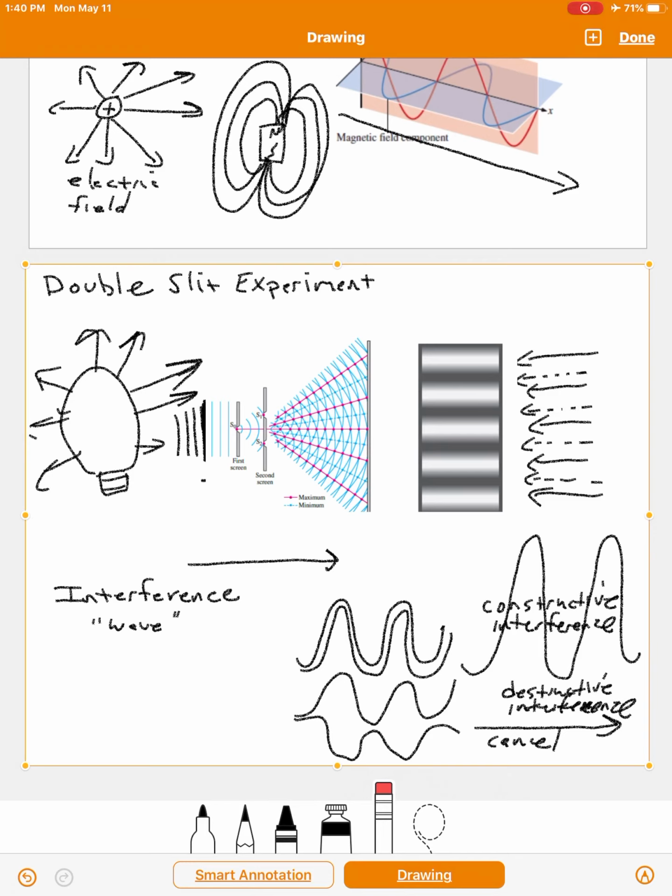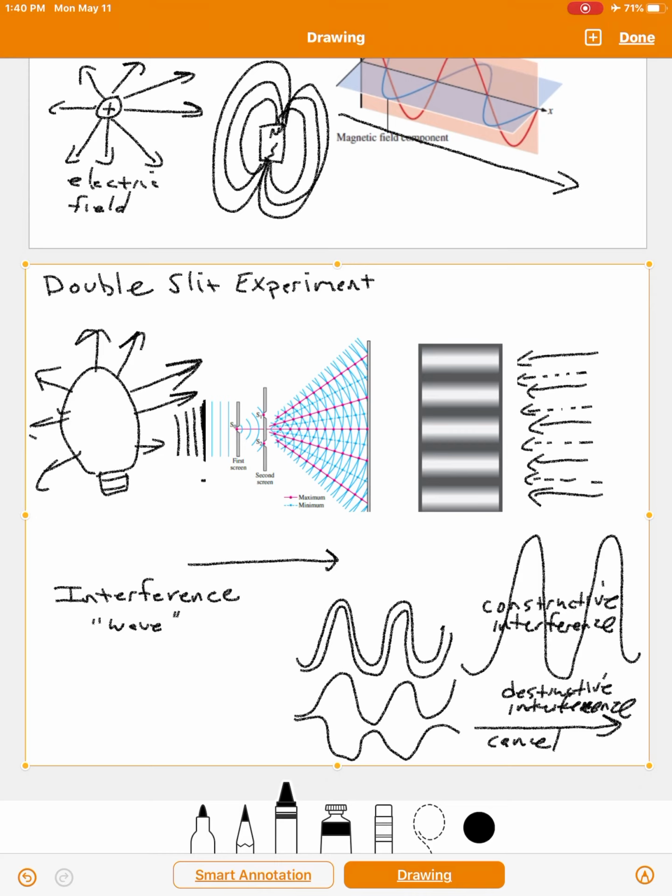So destructive interference are the dark spots, constructive interference are the bright spots. So what this tells us is that waves are capable of interfering with each other in such a way as to give us bright and dark spots here. This is called the double slit experiment. And this is a phenomenon of waves.